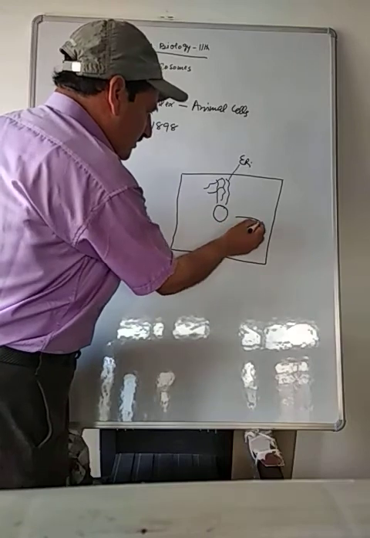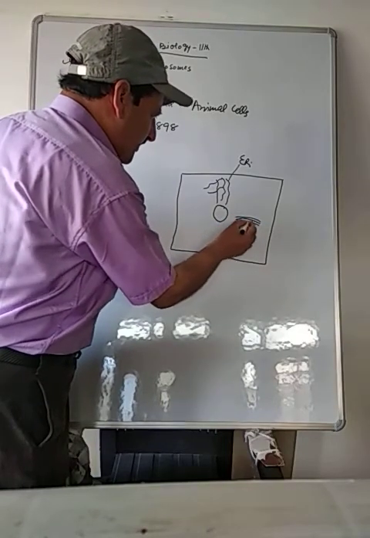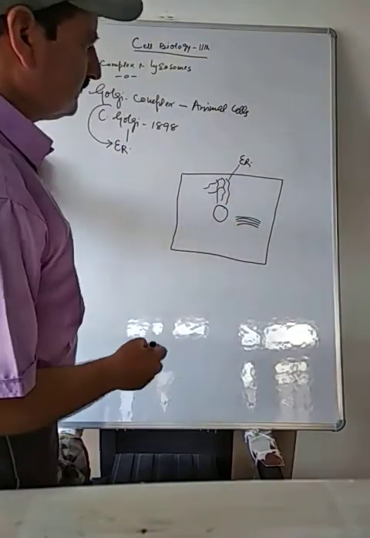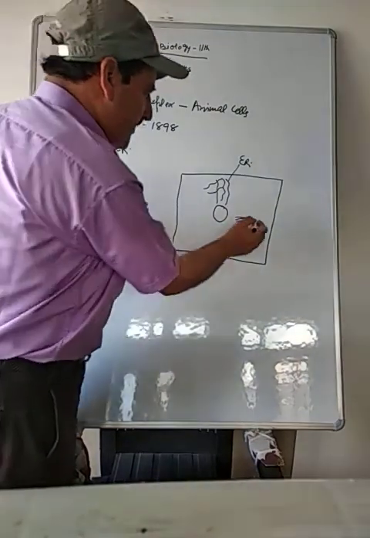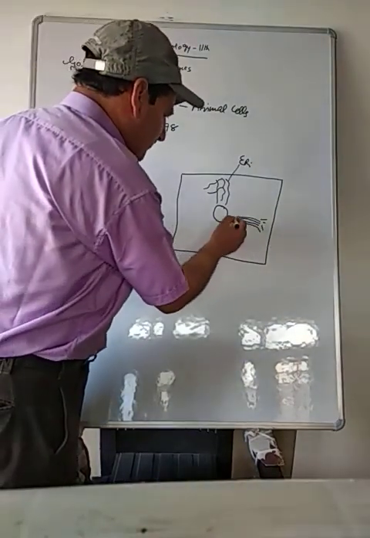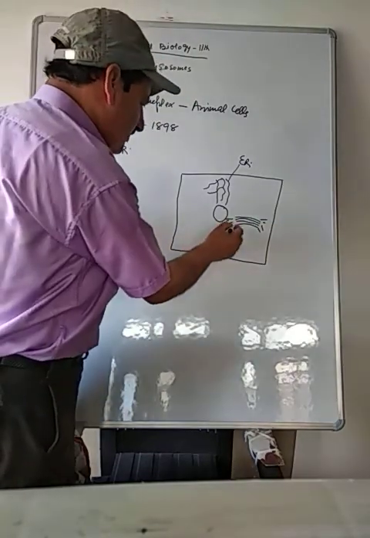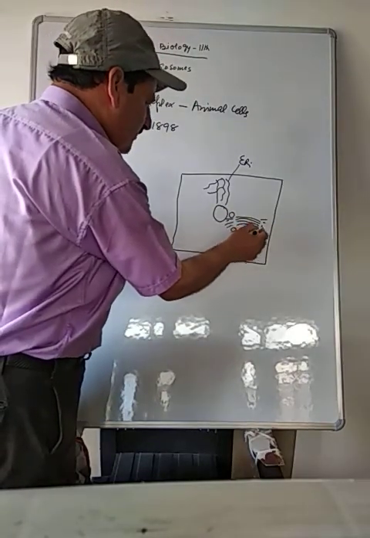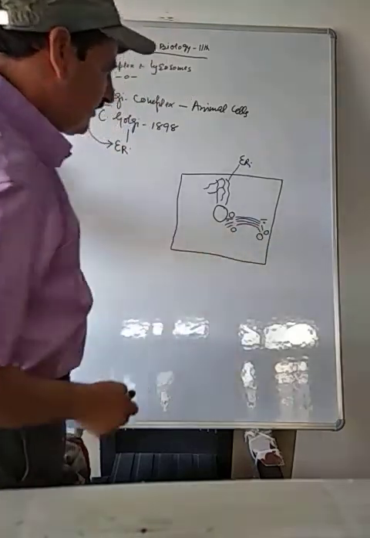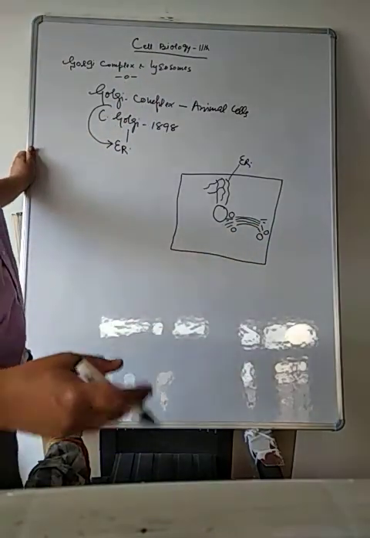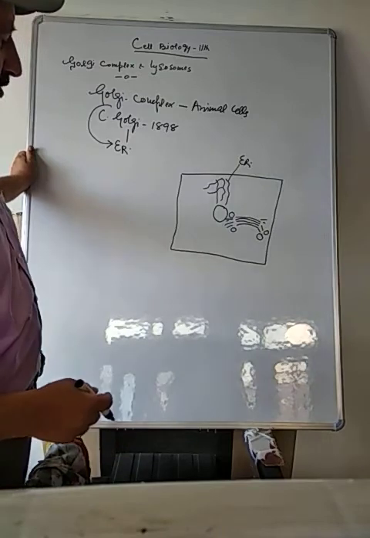There are curved stacks called cisternae, then small branchings called tubules, and fluid-filled small spherical structures called vesicles. That means all the structure resembles the endoplasmic reticulum.